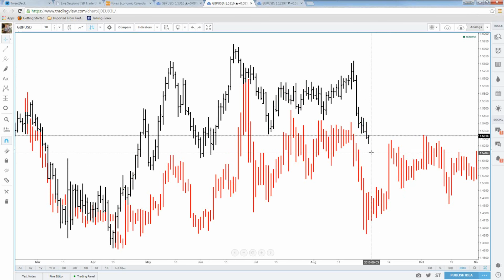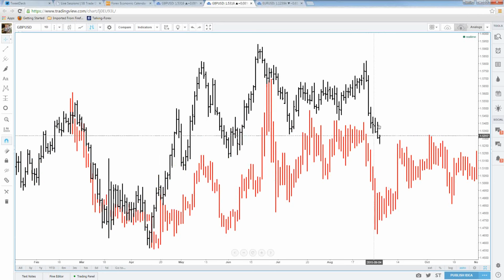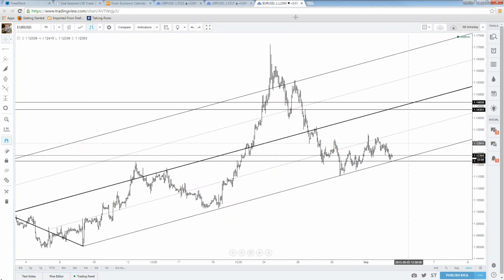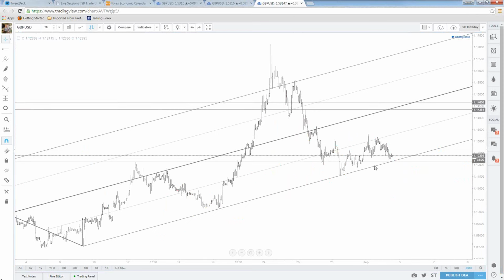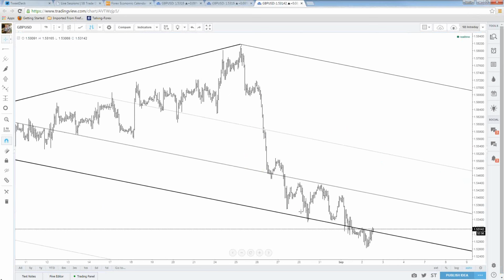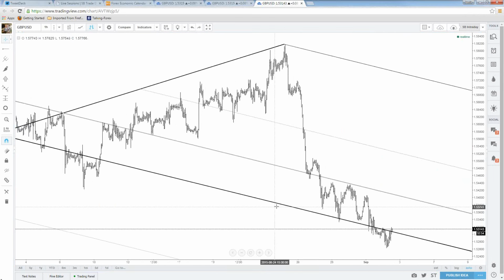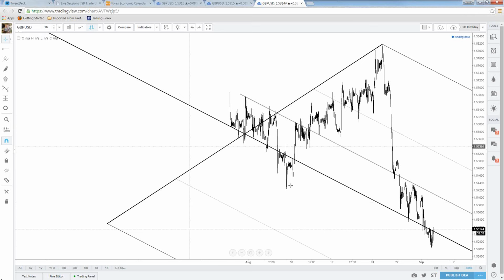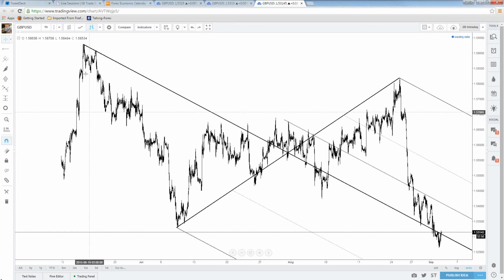Now here's the analog. The analog actually suggests that we rally from here for a little bit. So you start to tick higher, and we are starting to do that on the short term, right? If we look at cable on the near term, you can see us here dip below that median line. We're back above it now, right? This is the one that goes way back to the highs that we made earlier.